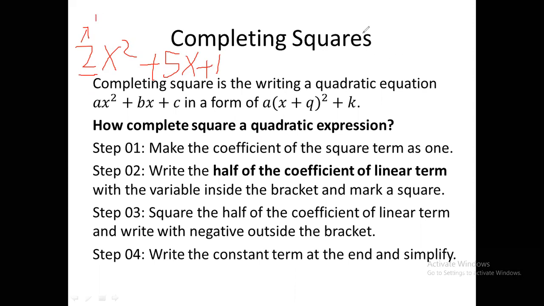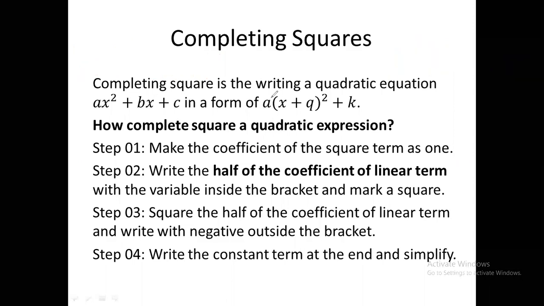But if the expression is like x squared plus 3x plus 4, the coefficient is already 1. That is the first step of making the quadratic equation into a quadratic expression.